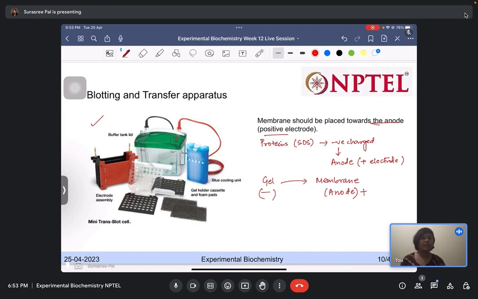The proteins will not be able to move towards the negative electrode, so if we place the membrane towards the negative electrode, the transfer will not occur. The gel and the membrane are placed on top of each other, and on top of that we place filter papers and sponge, and then we place this whole system onto the cassette, right?